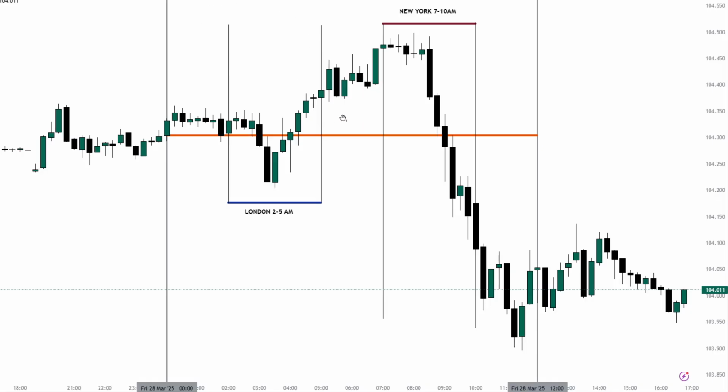Then we have that London lunch from 5 a.m. to 7, which is pretty low volatility as well. Notice how we just stayed in this range. And then once we open at the New York kill zone, 7 to 10 a.m., look at the big move that we had to create the low move for the day, for the daily range. That's all this chart and slide is showing.